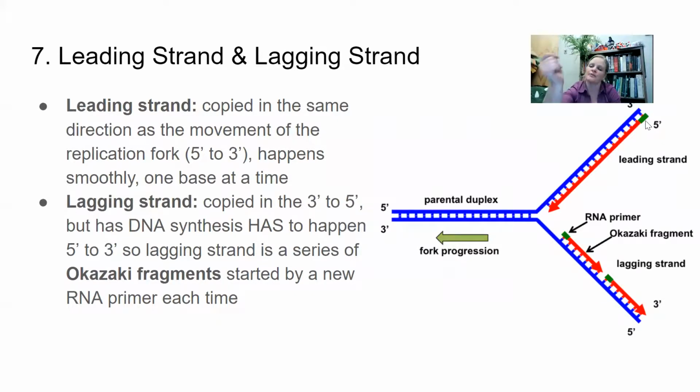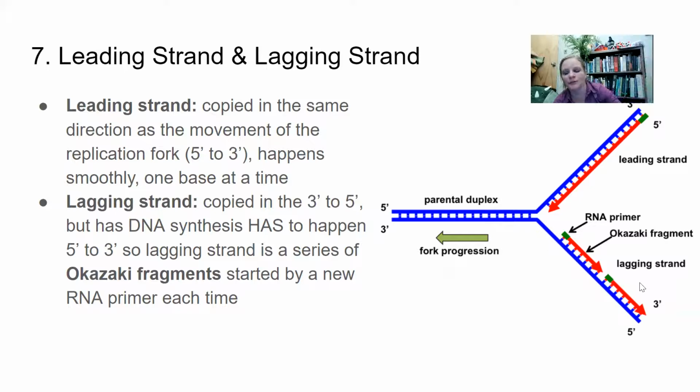You just throw that RNA primer on there, and the polymerase is just chugging along. The fork's going, the polymerase is going, totally fine. The leading strand and the replication fork are working in tandem with each other. No problems. And then there's the lagging strand.